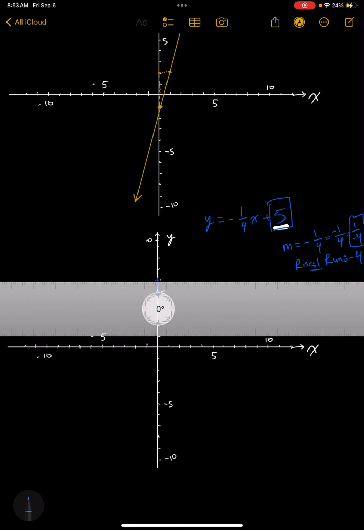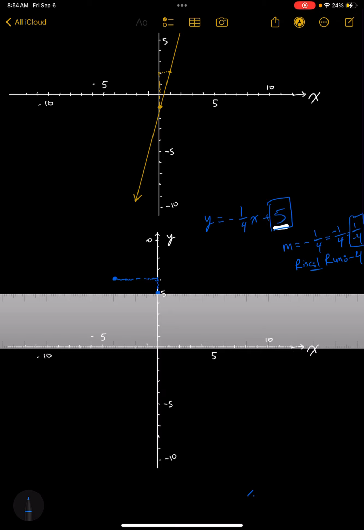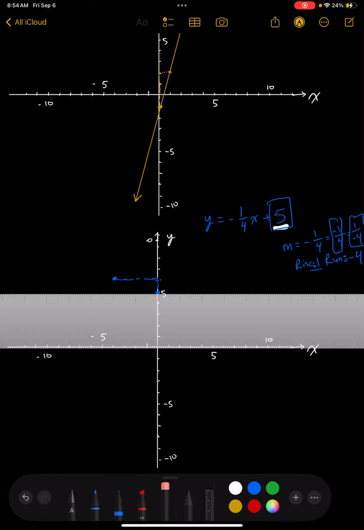And instead of going in the positive direction, we have to go in the negative direction by 1, 2, 3, 4. Okay, we could have also done the opposite. We could have gone down 1, left 4.